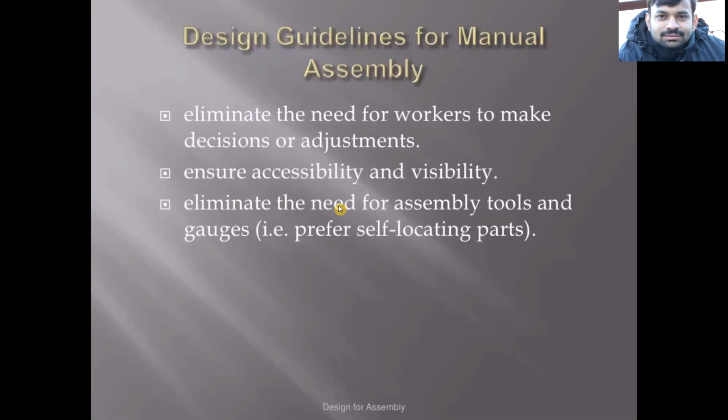Now, what are the design guidelines for manual assembly? For manual assembly, eliminate the need for workers to make decisions or adjustments. Ensure accessibility and visibility. And the third guideline is to eliminate the need for assembly tools and gauges.